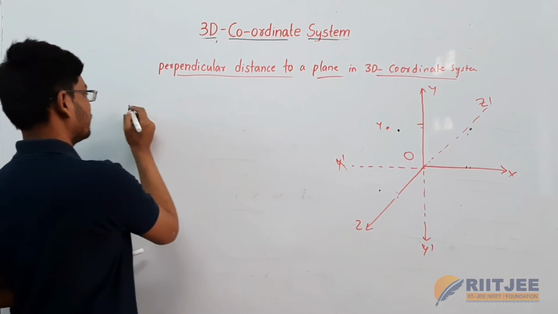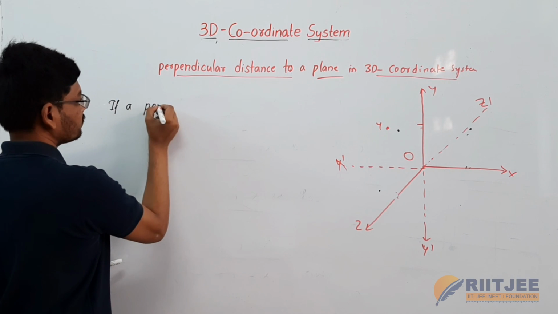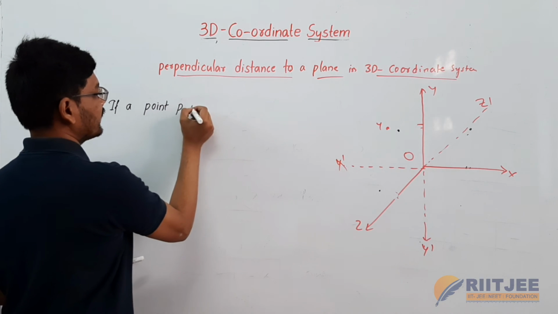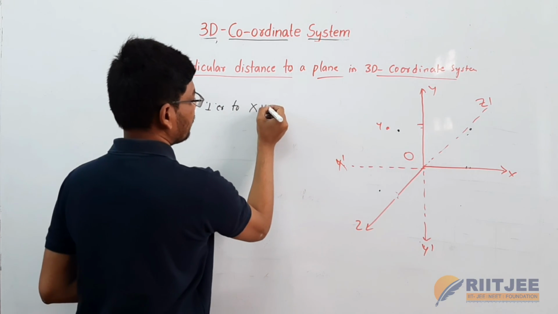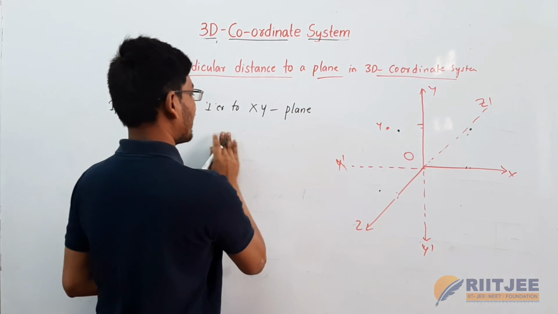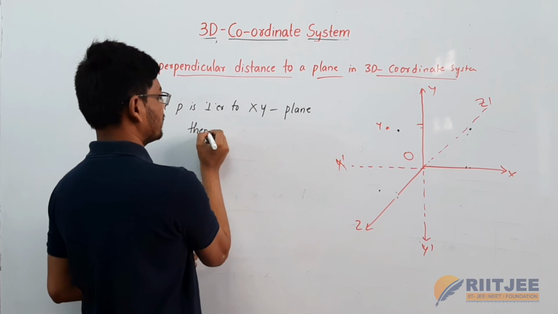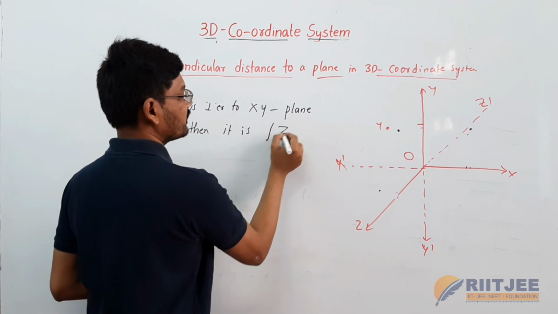If a point P is perpendicular to the xy plane, then the value is mod of z.